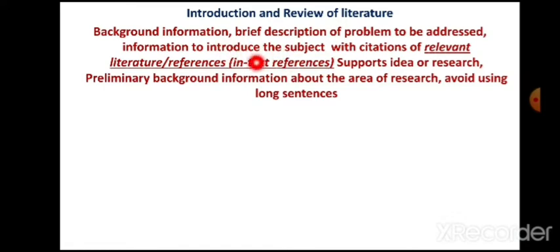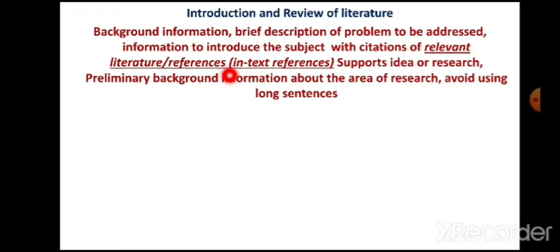Whenever you are writing this first chapter, you will be utilizing different resources. You will be writing certain sentences, and that sentence is not your own. You have received that sentence, or you have constructed that sentence by getting knowledge from someone else's research work which is already published.